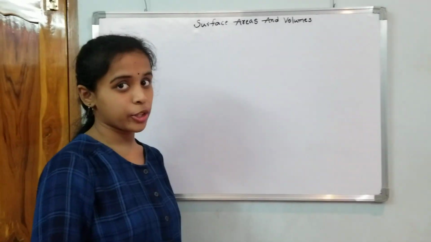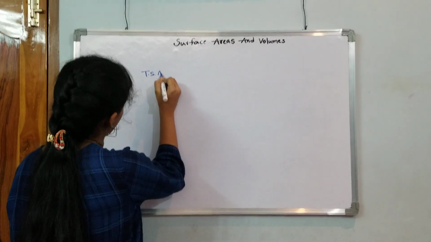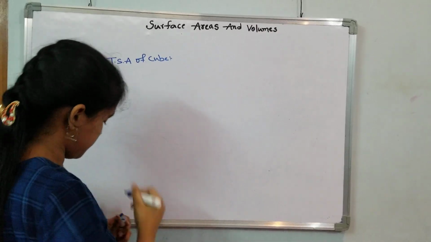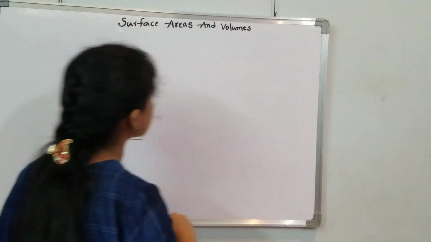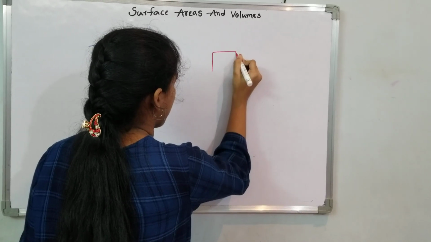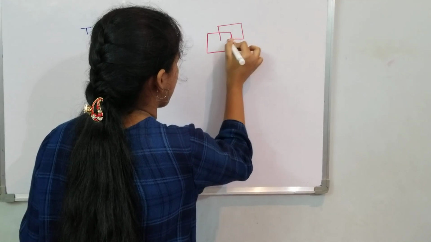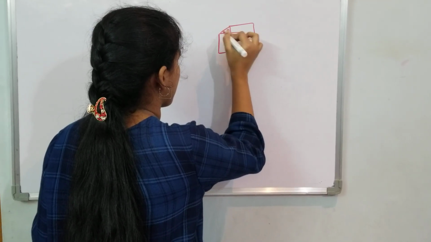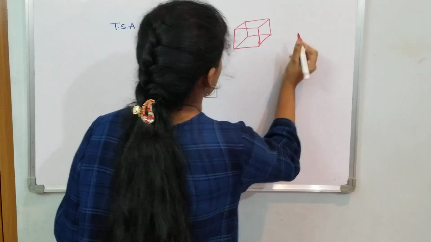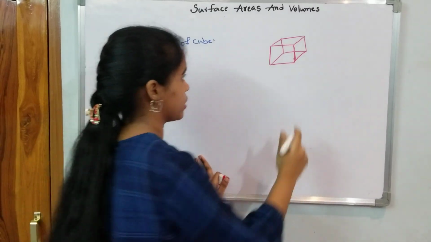So let's find the cube total surface area. This is a cube which has only length, no breadth and no height.